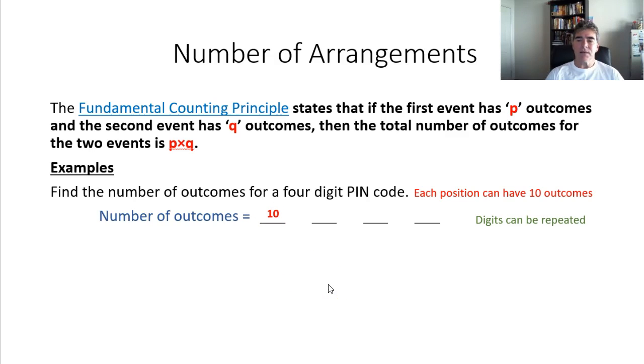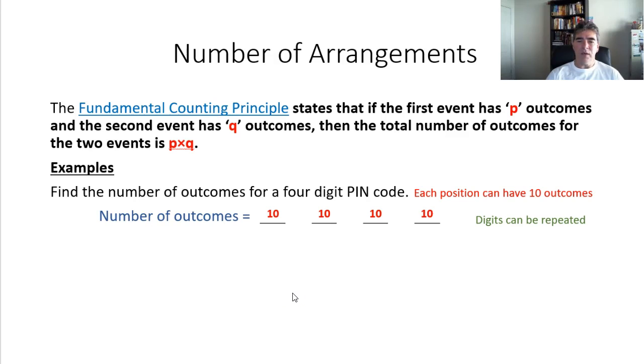Now the second position, it can be repeated. So I can have the same digit twice in this second position. So there are also 10 possibilities. Then we can have a look at the third position. Again, digits can be repeated, so we can also have 10 possibilities there. And the final position, a further 10 possibilities.